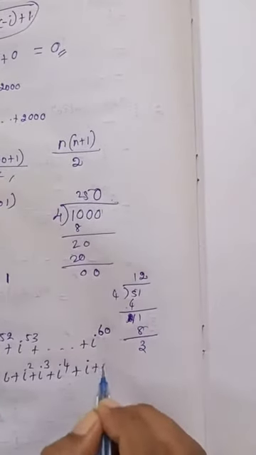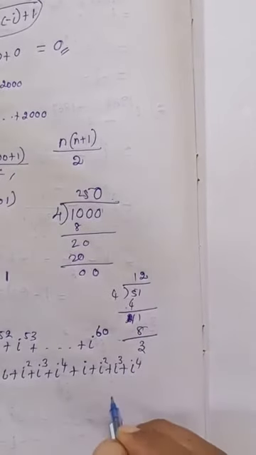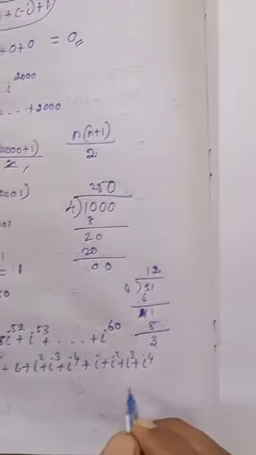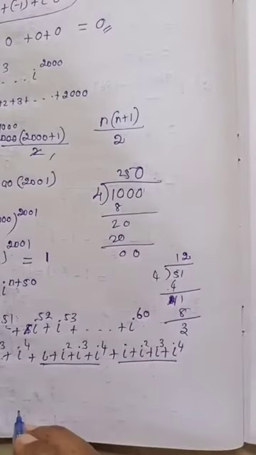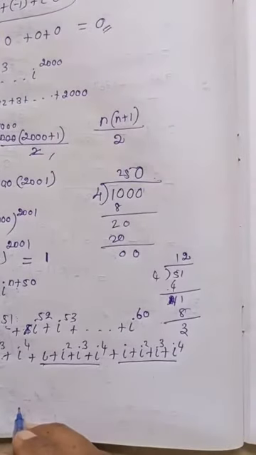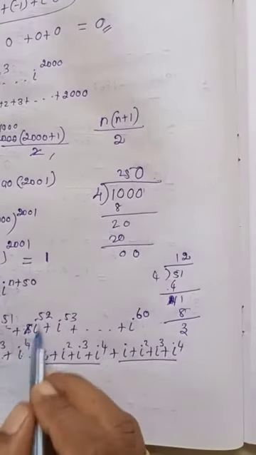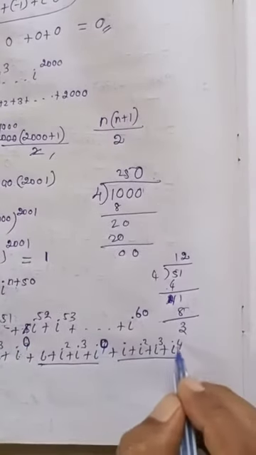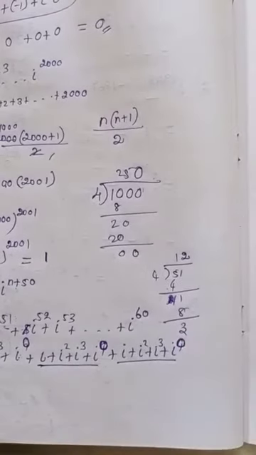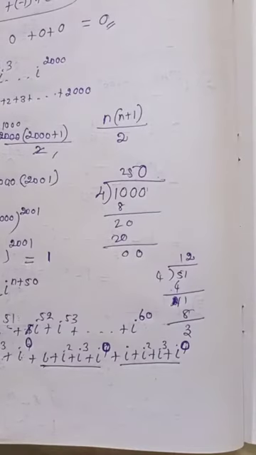Then again i plus i square plus i power 3 plus i power 4. So when this 4 terms come, automatically our value will be equal to 0. See, this is i power 4. Automatically when we get the remainder 0, here also this is 0, and here also the remainder will be 0. I power 4 only we will be getting, that is i power 0.